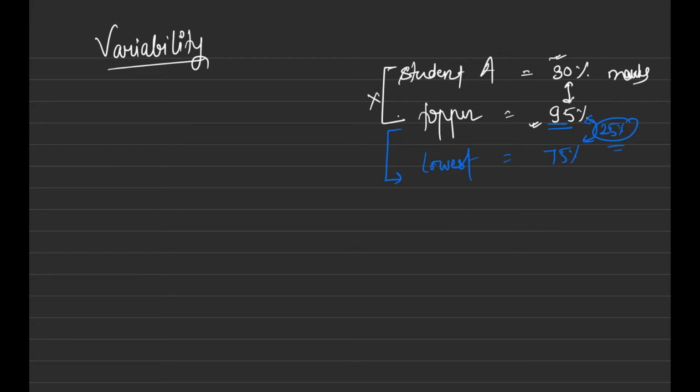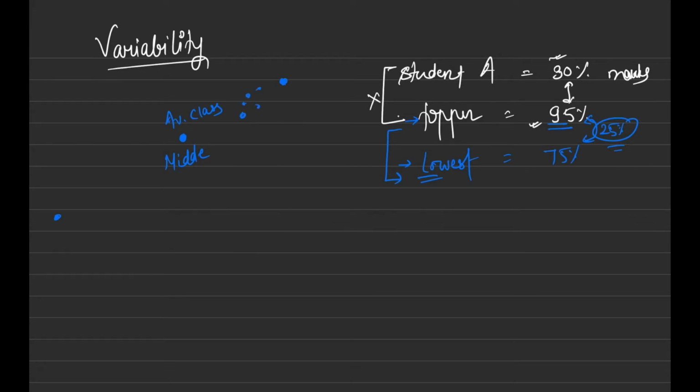So variability will help us understand not just the difference between a topper and a weaker student, but also how data is spread across the middle point. Let's say this middle point is the average of your class. Topper is somewhere here and the weaker is somewhere here.